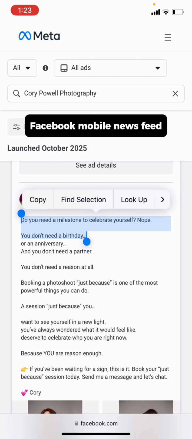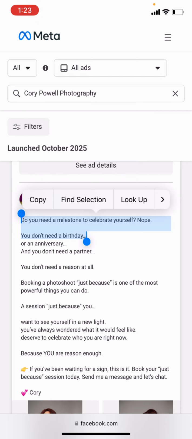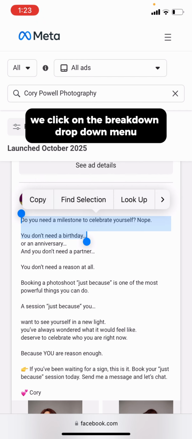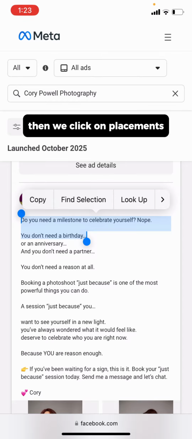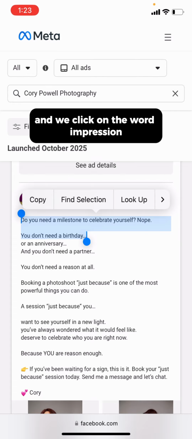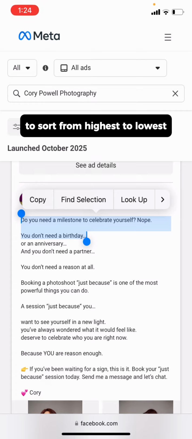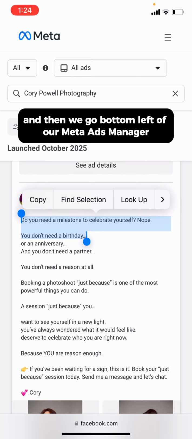Facebook mobile newsfeed. We know that if we go to our Meta Backends Ad Manager, we go to the top right, we click on the breakdown drop-down menu, then we click on placements, and then we go to our impression column and we click on the word impression either once or twice to sort from highest to lowest. And then we go bottom left of our Meta Ads Manager.